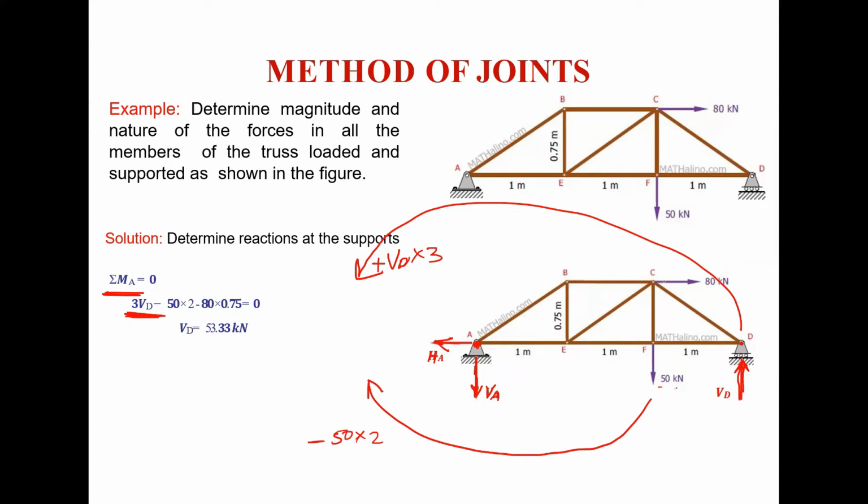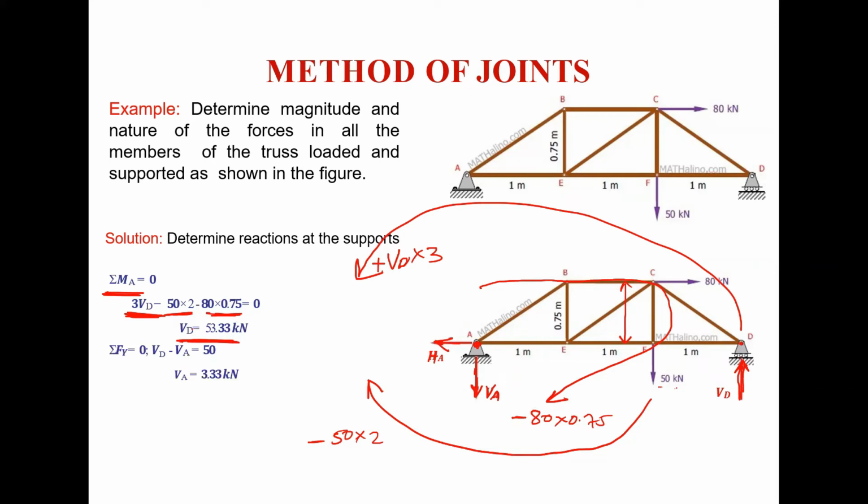Then moment by this 80 kilonewton force, it will produce clockwise moment, and what will be its magnitude? 80 into arm length, this distance, this is 0.75 meter, and it will be negative. So you will get 3VD minus 50 into 2 minus 80 into 0.75 is equal to 0.